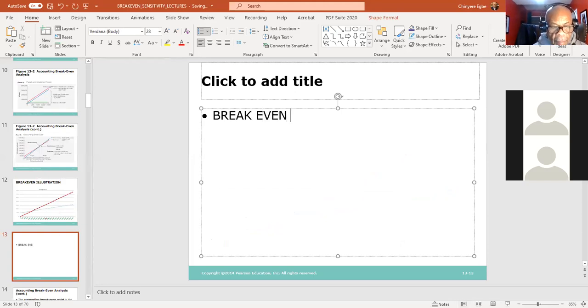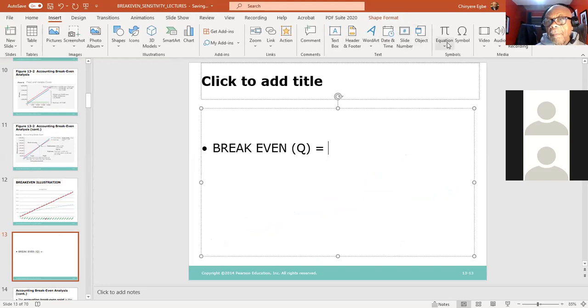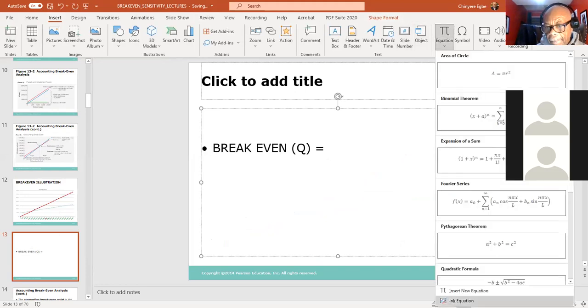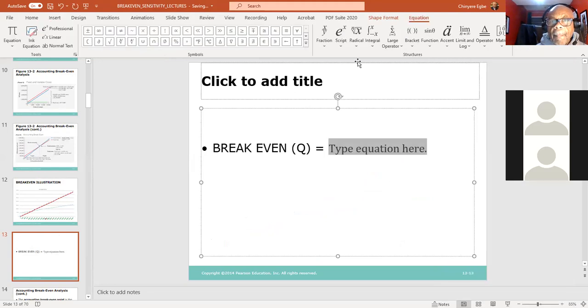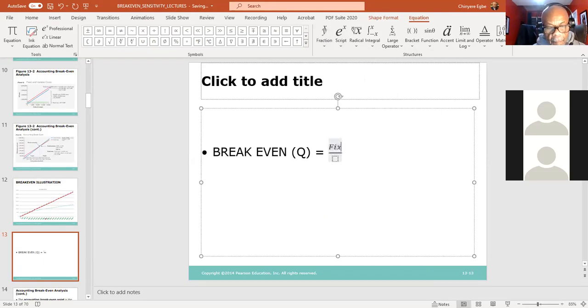Break-even Q is equal to the fixed cost divided by price minus unit cost.